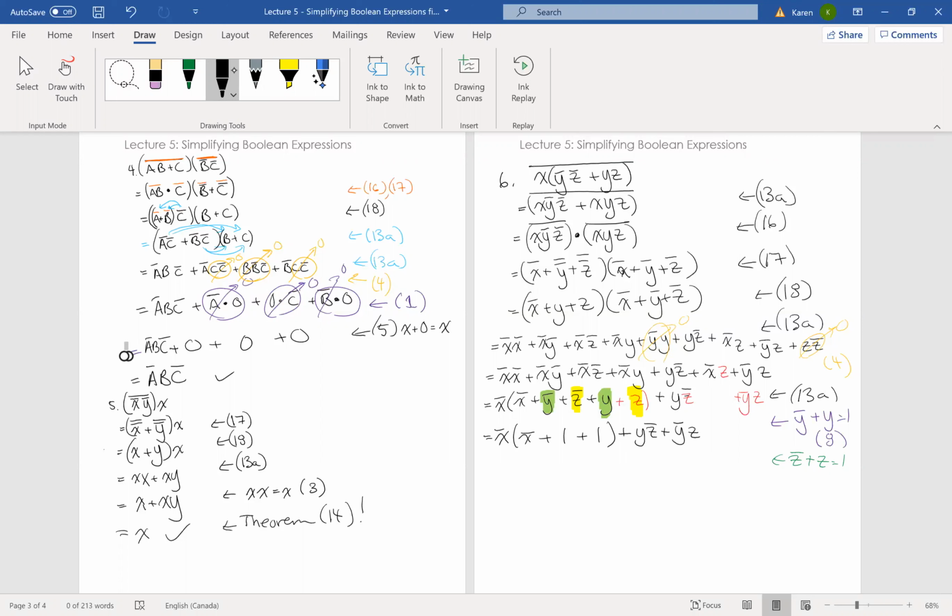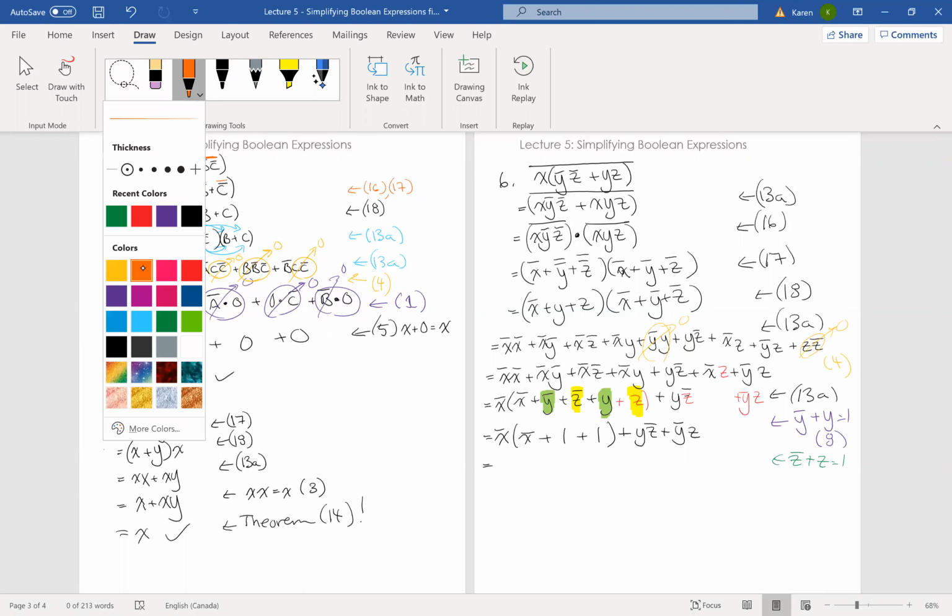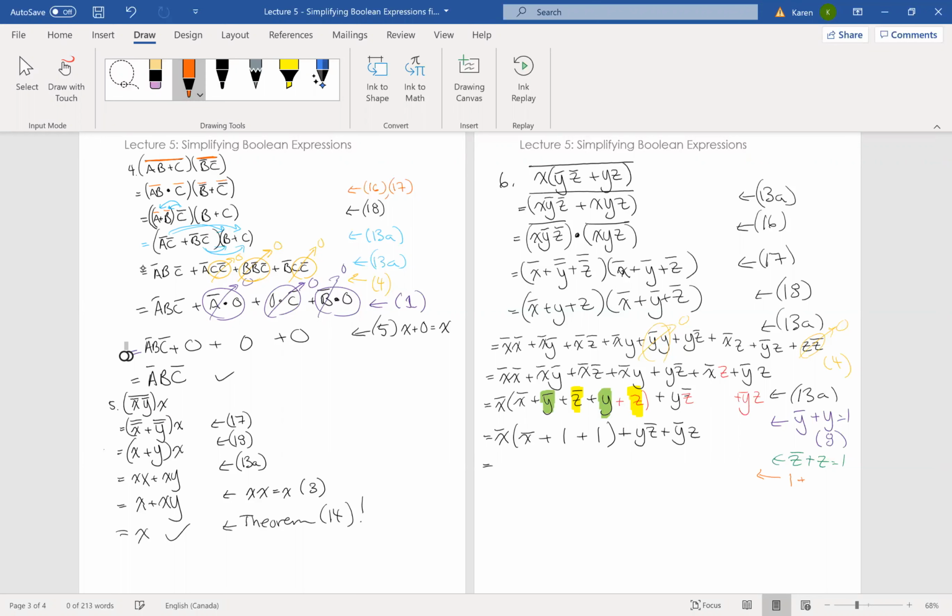And at this point, we need to recognize that 1 or 1 must equal 1, because that's governed by theorem 3, where x or x equals x.